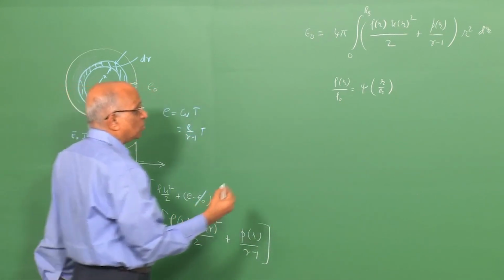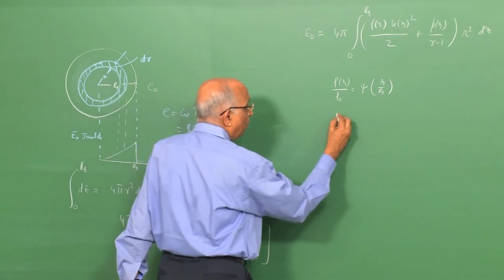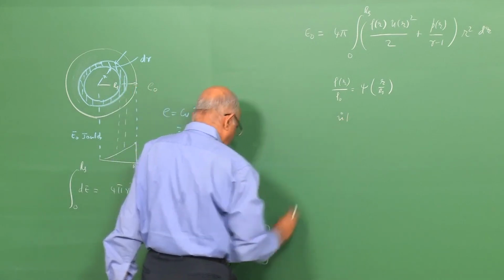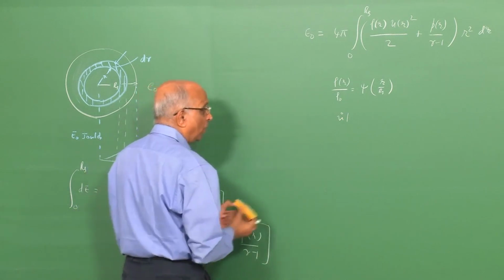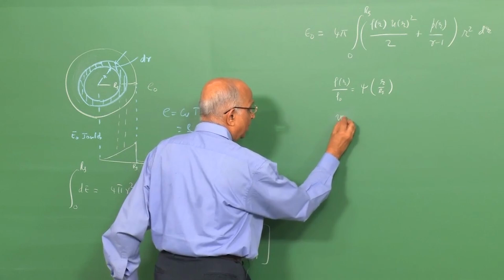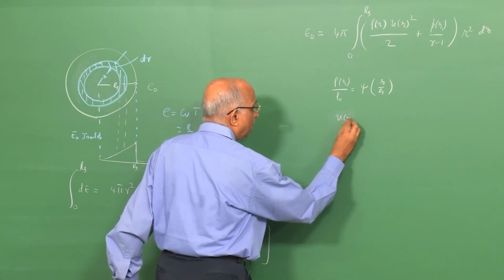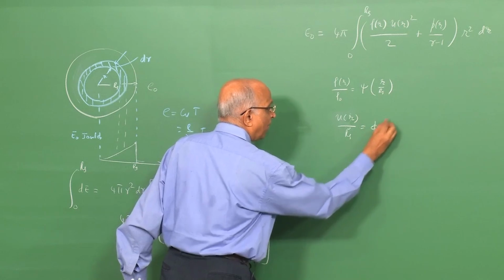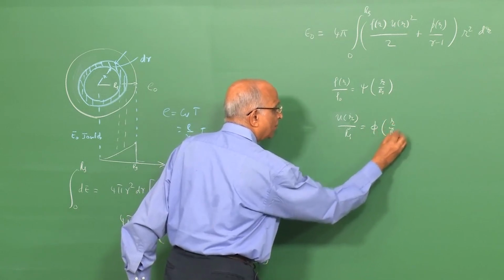Similarly, I could also write the other expressions. The velocity behind the shock at the radius r divided by Rs dot is equal to, let us say, phi of r by Rs.